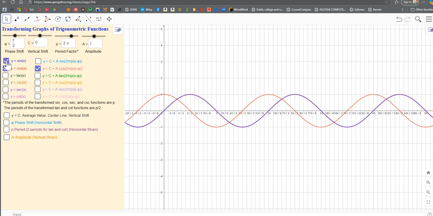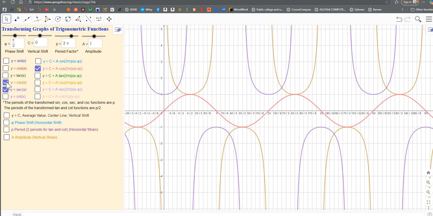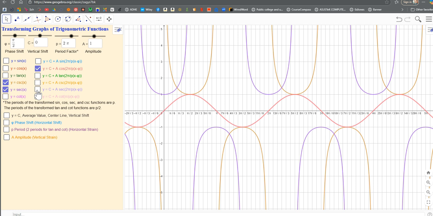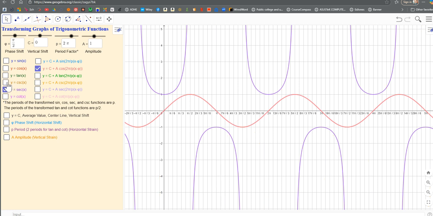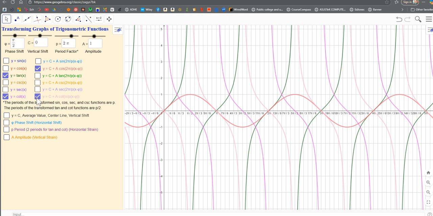So sine and cosine are just shifts of each other. Same thing for secant and cosecant. See how that's the same? Not for tangent and cotangent though. You notice tangent is always going up, cotangent is going down.